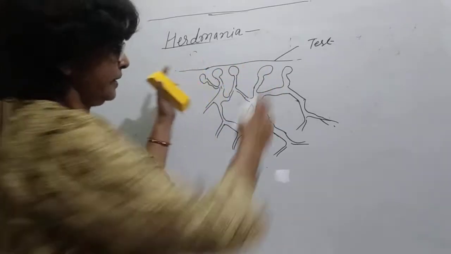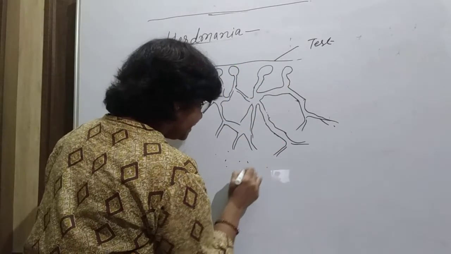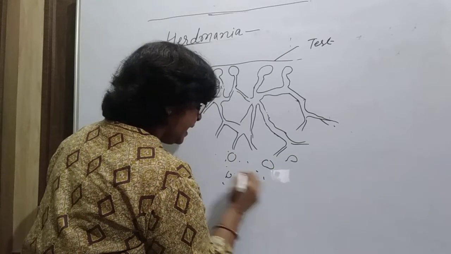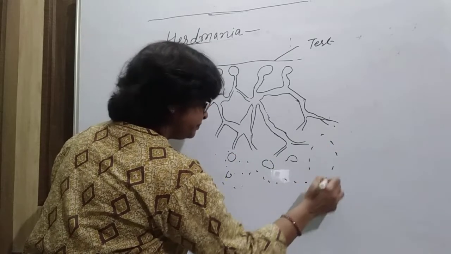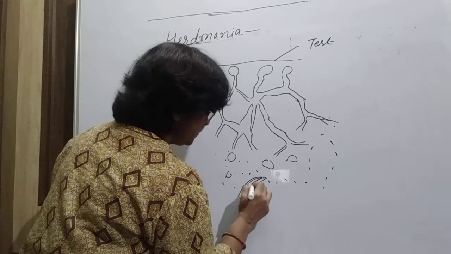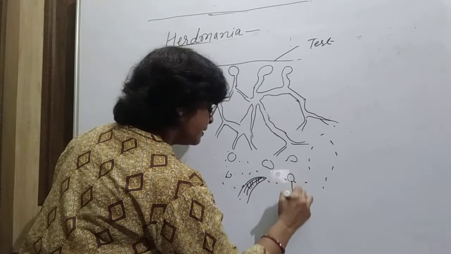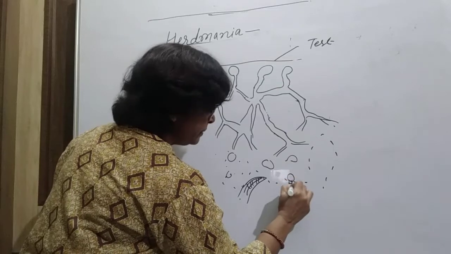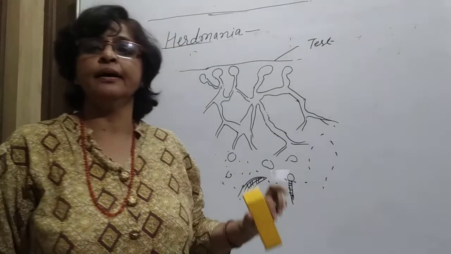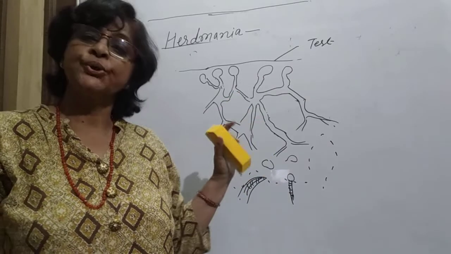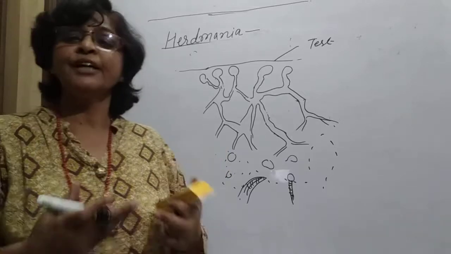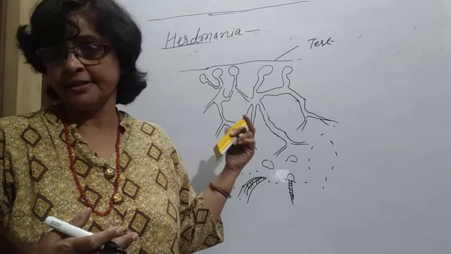And besides, there are a number of cells and spicules like this. They may be pin-headed. So this is a rough diagram to show the vertical section of the test, and what structures the test has.